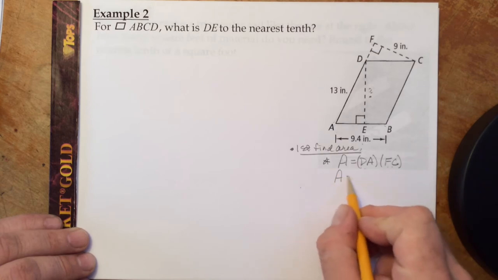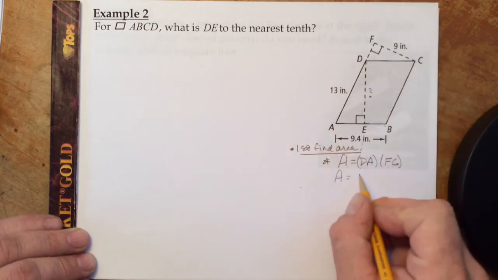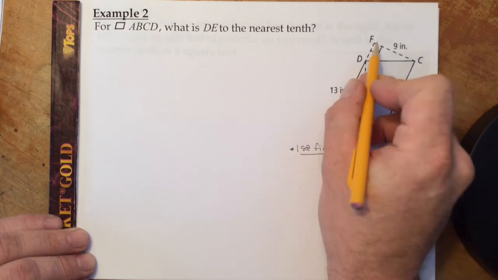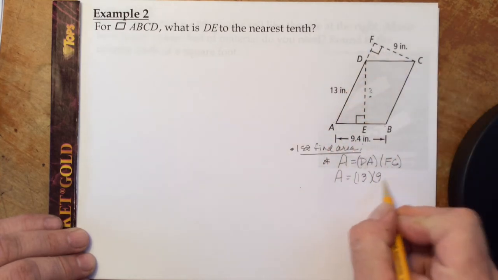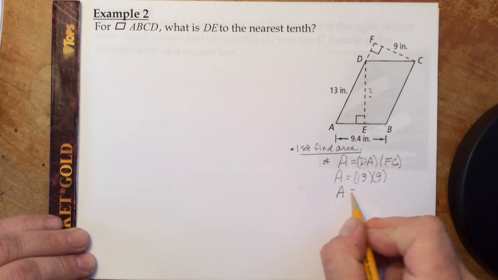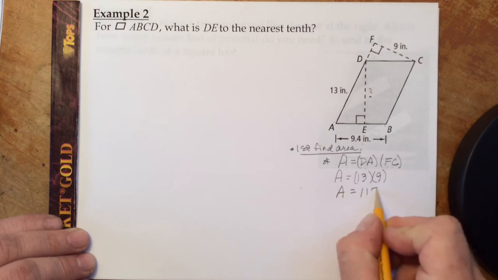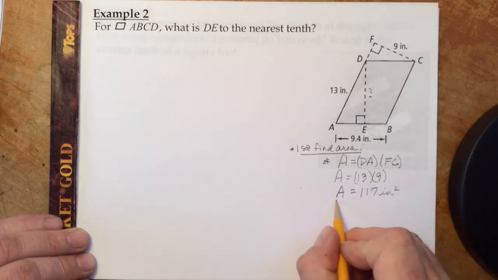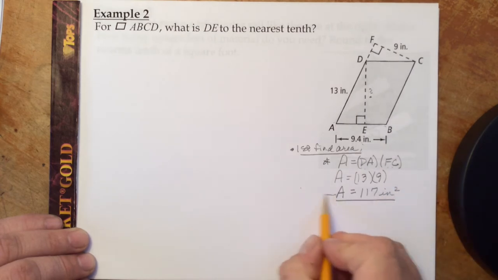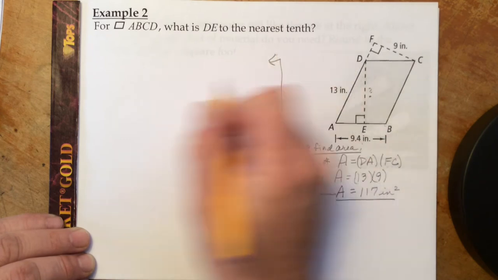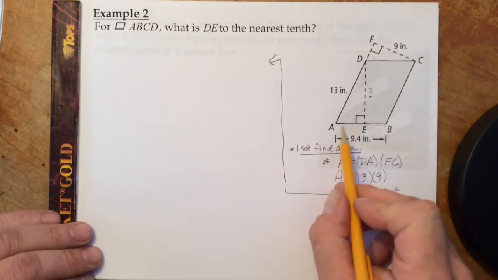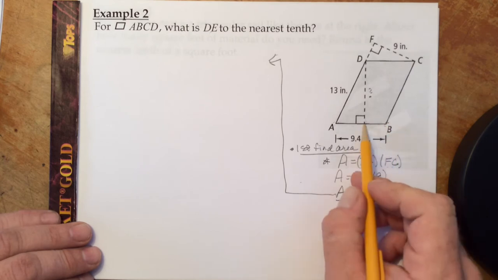So the area is DA, which is 13, times FC, which is 9. Multiplying those two together, we get 117, and these are in inches, so that would be square inches. Now that we have the area, we can find DE by using AB as the base, and DE is the height.